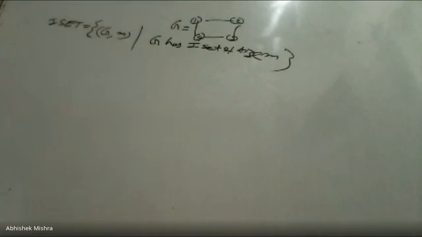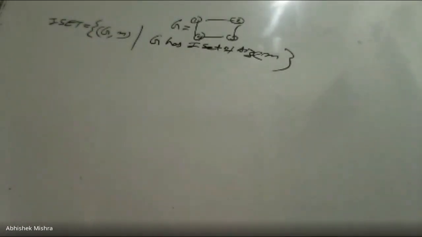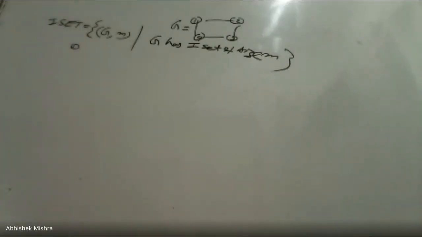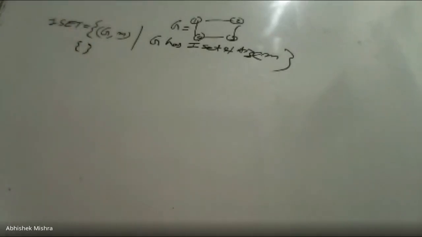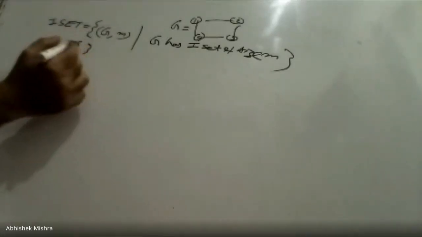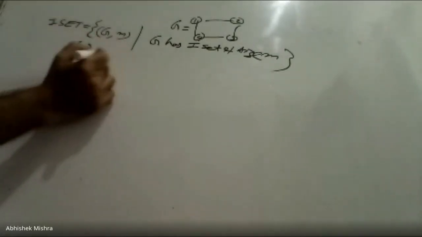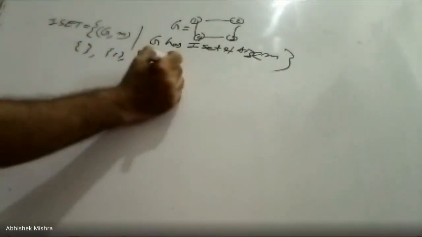An independent set is a subset of vertices such that no pair has an edge. For example, we can take no vertex; this is an independent set. We can take a single vertex like this.